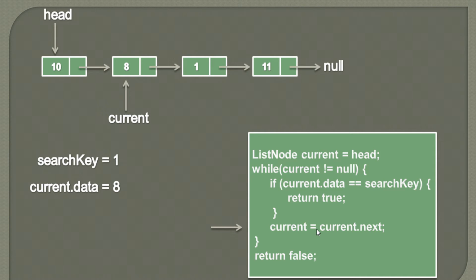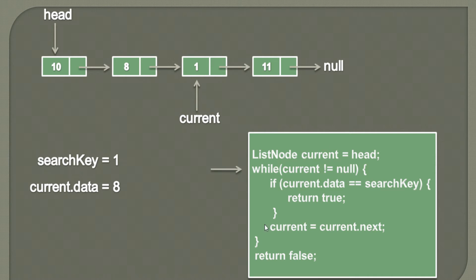We'll just traverse the current node to its next. If you see, the current points to the second node and its next points to the third node, so we'll traverse it to the third node.